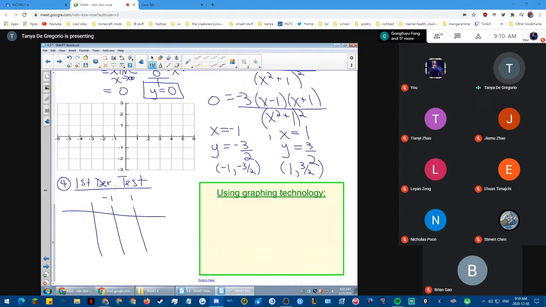And I write my factors. Don't forget that -3, it will affect your answer if it's not there. If it was a +3, it doesn't matter. But because it's a -3, it matters. So -3 is always going to be negative.